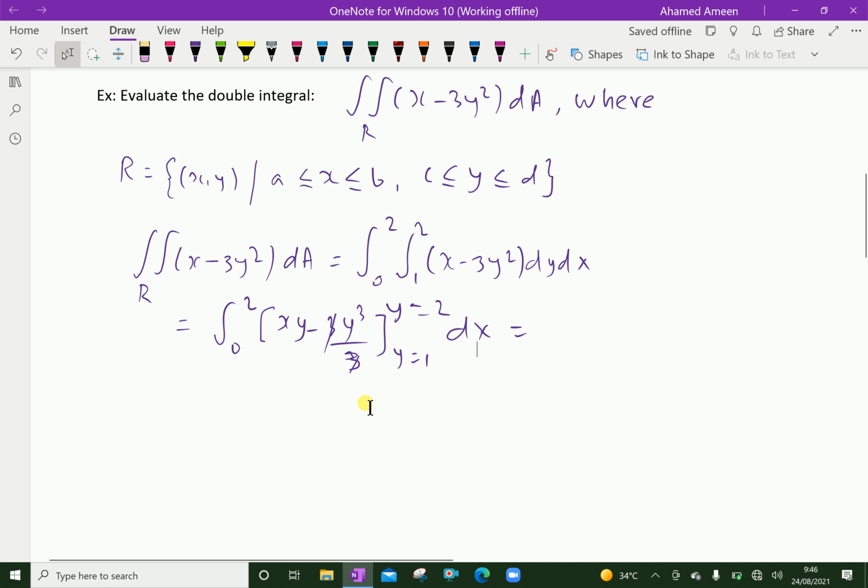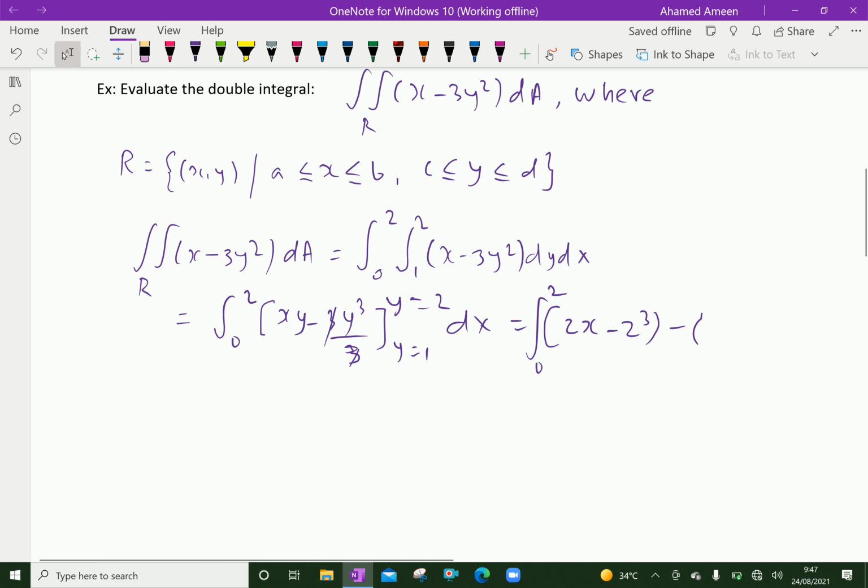That is, we have 2x minus 2 cubed, minus, for y equal to 1 you are substituting, x minus 1 cubed, which gives, from 0 to 2, by simplification, x minus 7 dx.